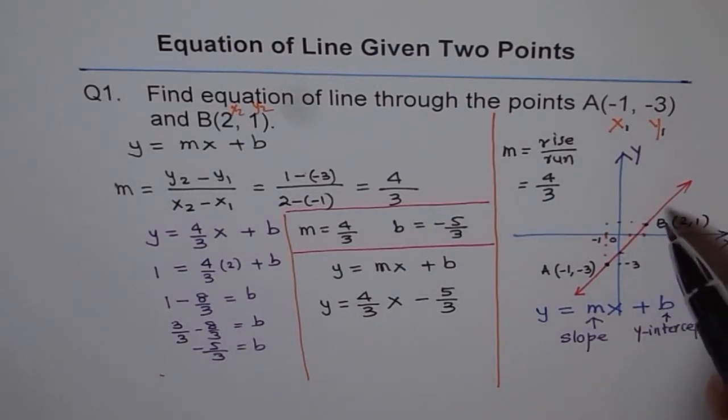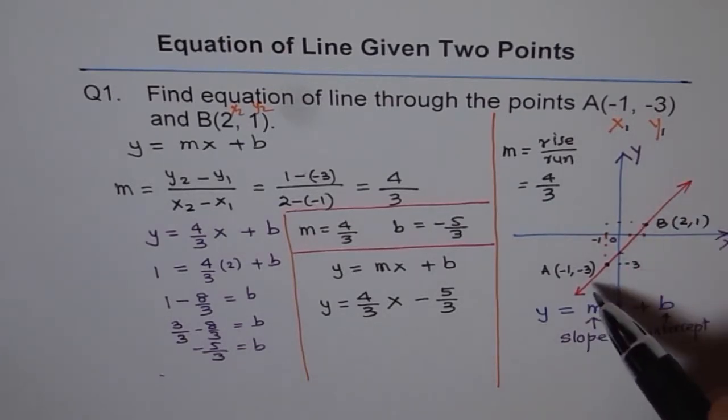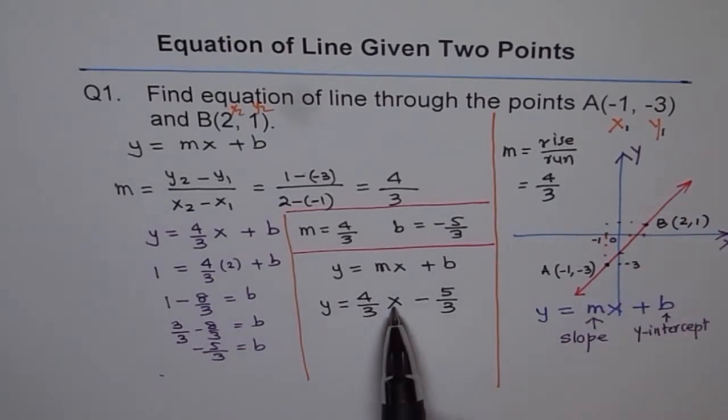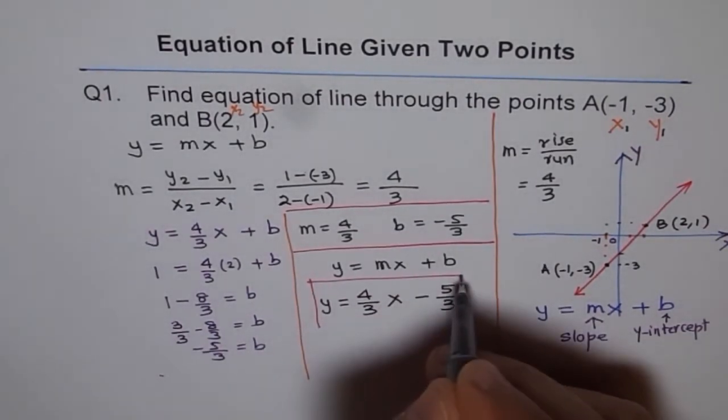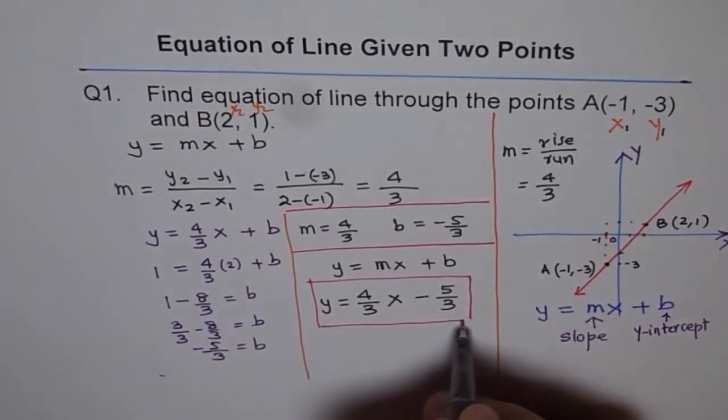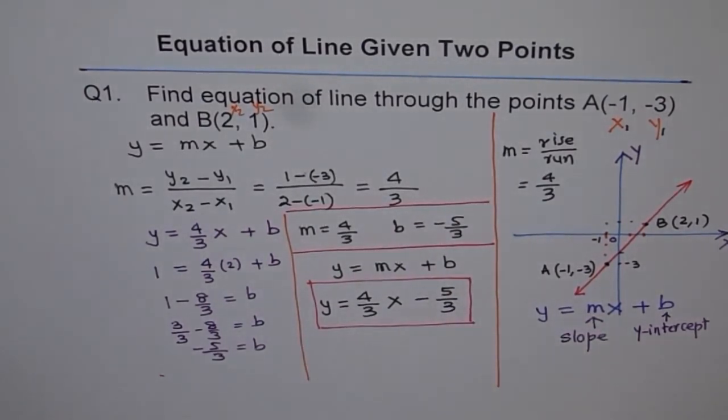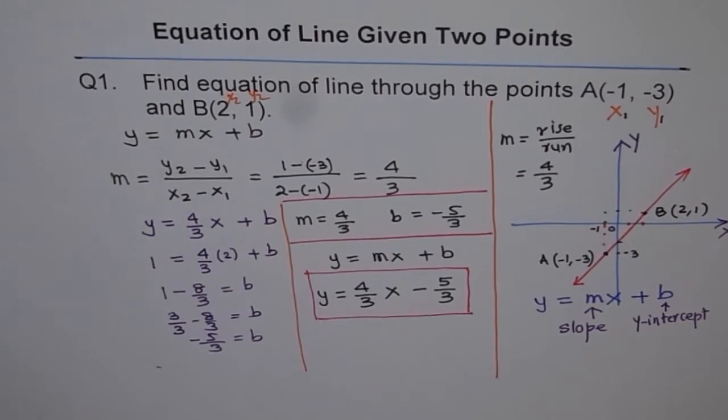As you can see, a line will have many points, right? So you can put different values of x and get different values of y. And that's how you get all the points on the line, correct? So that equation represents a line through the given points, okay? Have a good look at it, and I hope you understand the process.